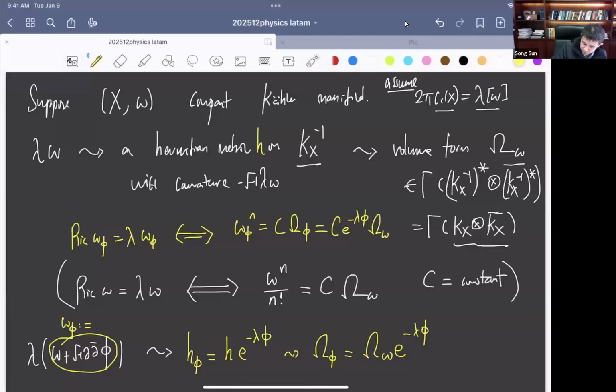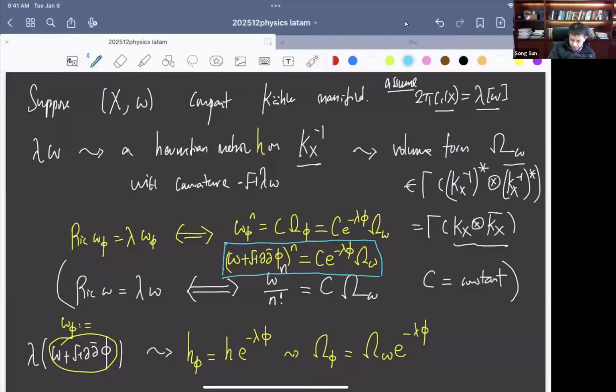Or in other words, it's Omega plus ∂∂̄φ to the nth power equals C e to the negative lambda phi omega. Okay, so this now looks more like a PDE. Capital Omega, little omega is fixed, and we are solving for phi.